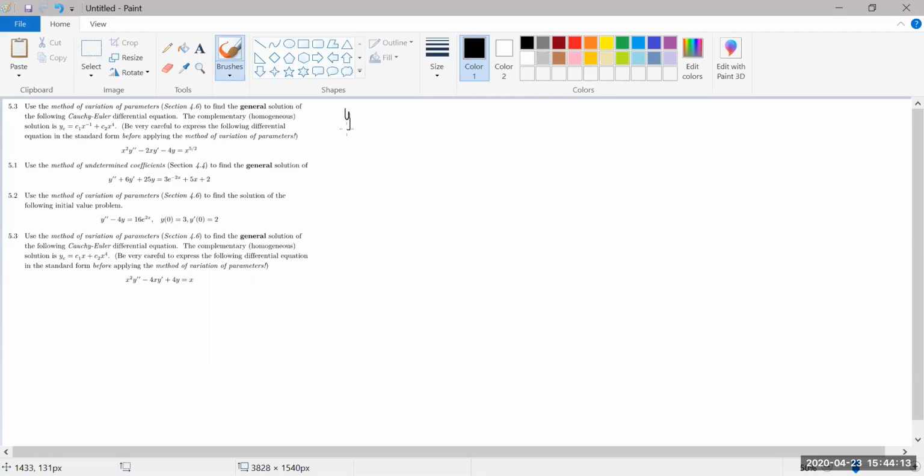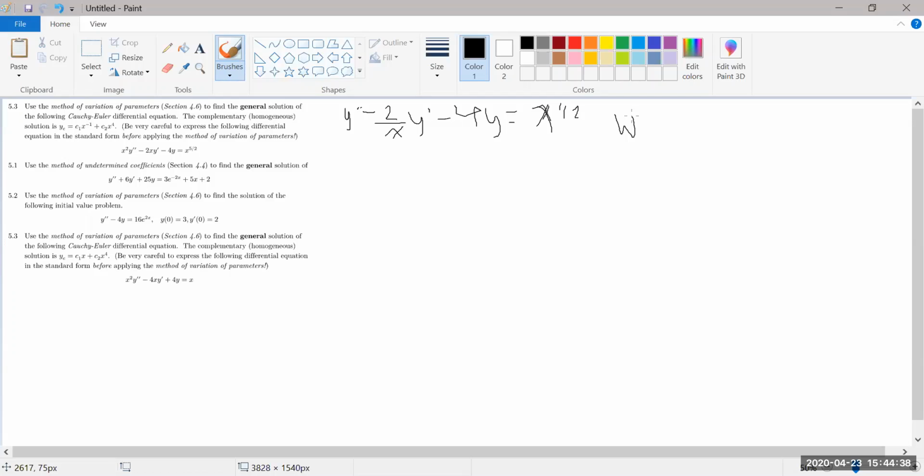So dividing through by the x squared is going to give you y double prime minus 2 over x y prime minus 4y equals x to the 1/2 power. Okay, and let's go ahead and calculate our Wronskian.